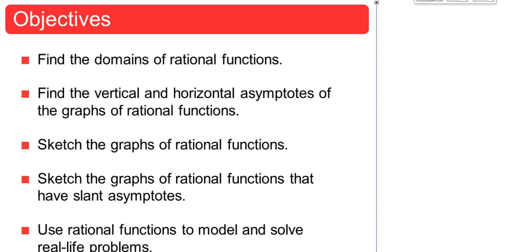We're going to try to find some key values and look at properties related to these functions. Then we want to sketch the graphs of rational functions that have slant asymptotes, and then of course use rational functions to model and solve real life problems.